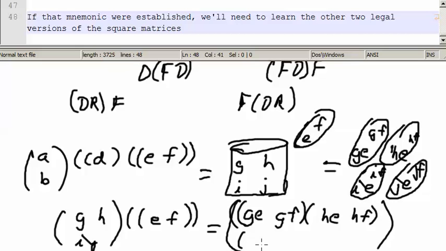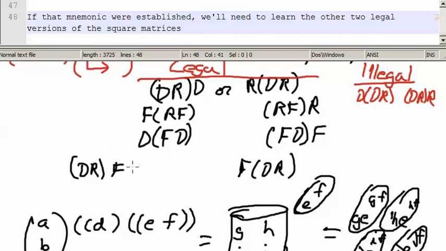IE, IF, and JE, JF. Which is a 2 by 2 by 2 matrix. Now I think that all of these will be the same.